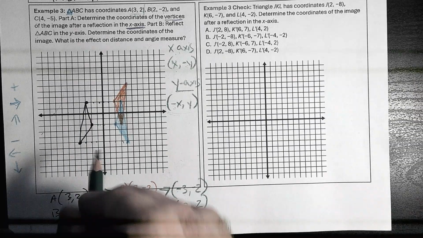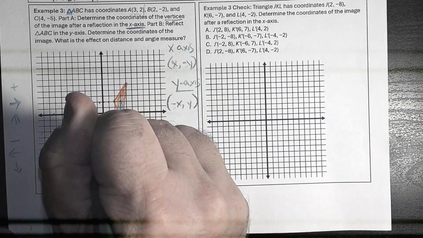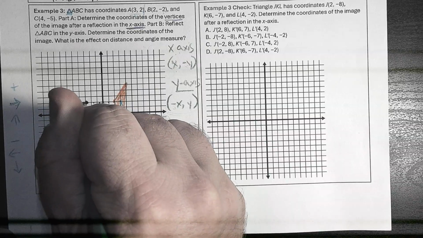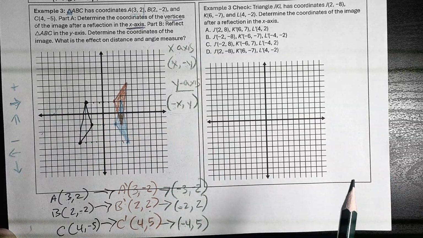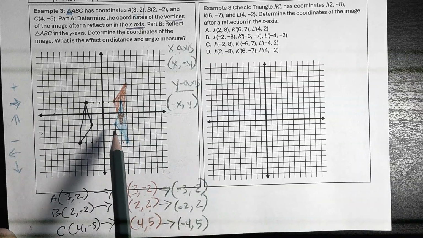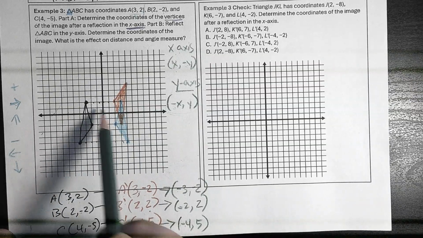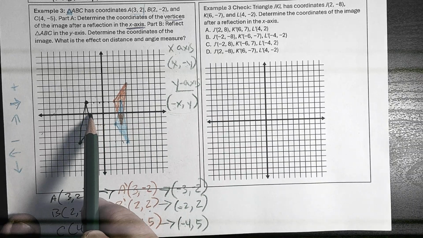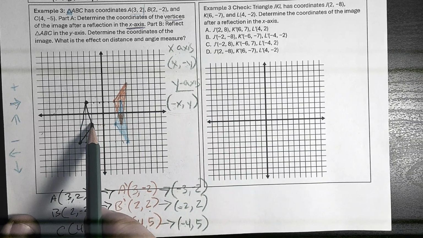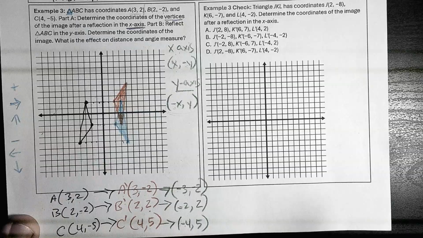So -3, -2. So -1, -2, -3, up 2. See, this is where. Oh no, it's going to be because it's here. That's the flip. Sorry, -2, -2. Wait a minute. Oh.